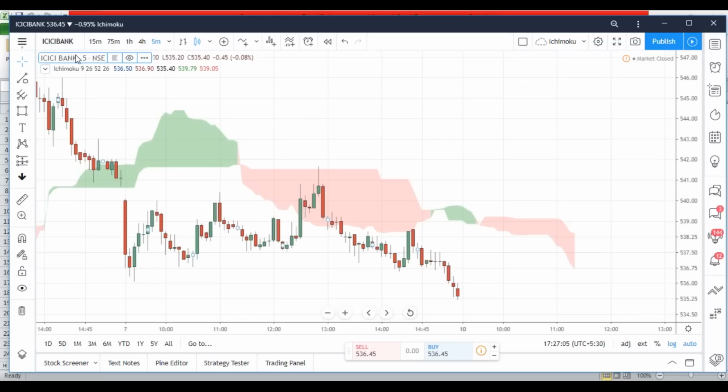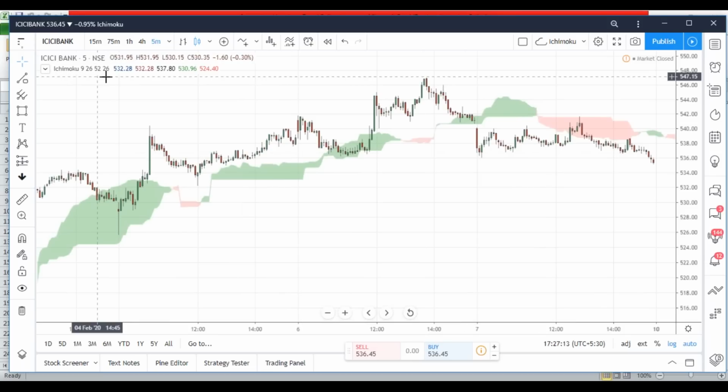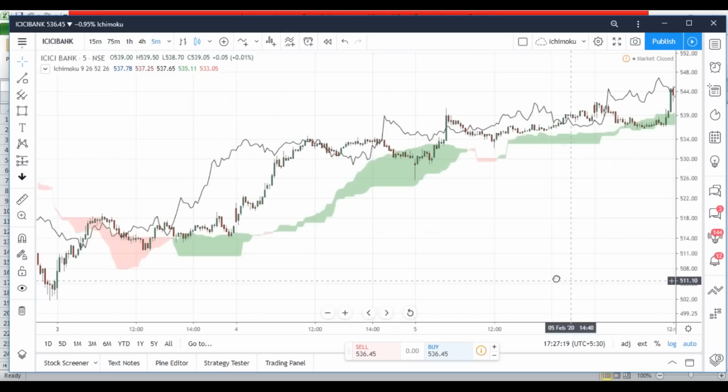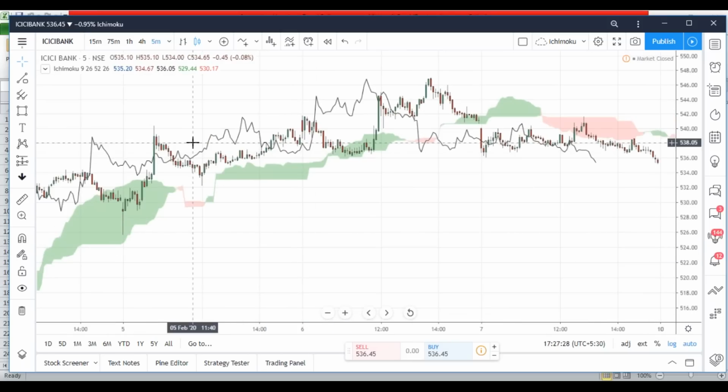This strategy I explained for Nifty and Bank Nifty, and it can be used for other F&O stocks also. It can be fine-tuned with the use of the lagging span. As I explained, go long when price is above the cloud and at the same time the lagging span is also above the cloud, and vice versa. This strategy can be used with both 5 minute and 15 minute.